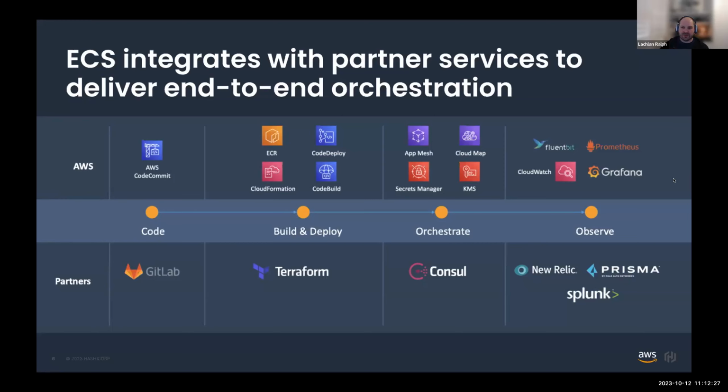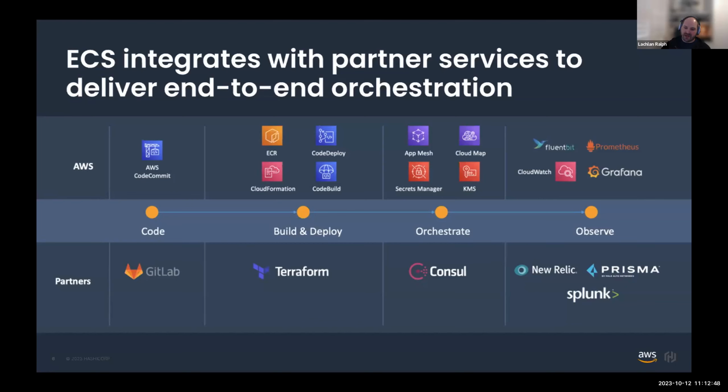And then finally, once we've got the application up and running, it's integrated with what it needs to be integrated with, we've actually got AWS native services again that let you monitor and observe what your application is doing. So CloudWatch is the core logging and monitoring platform that AWS runs.